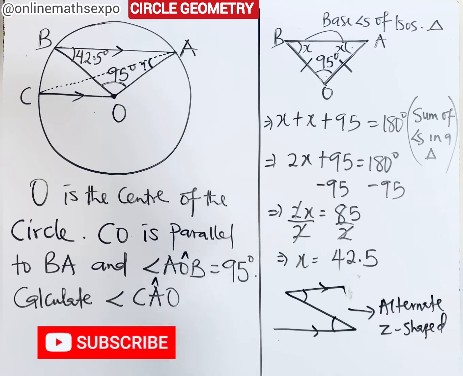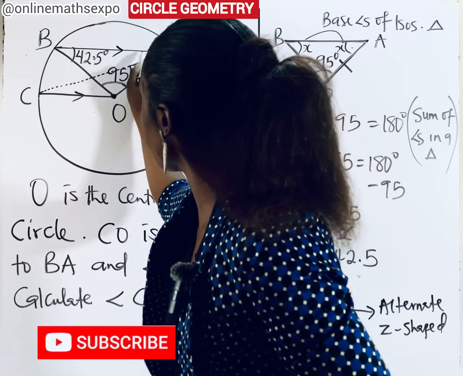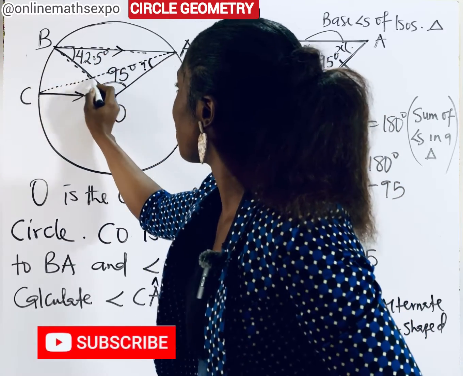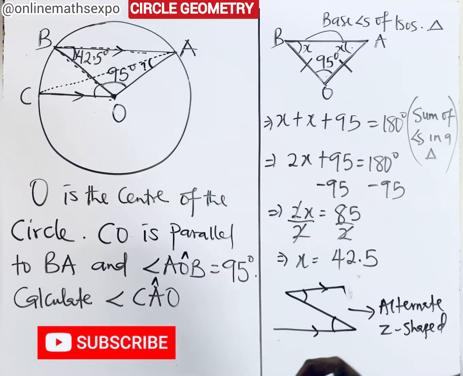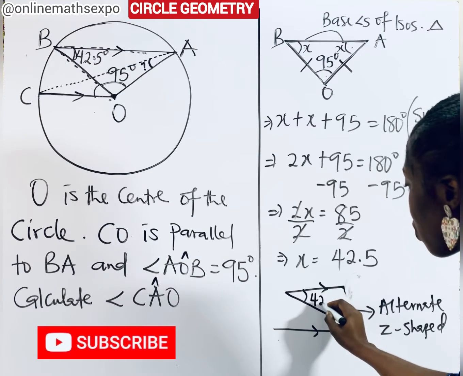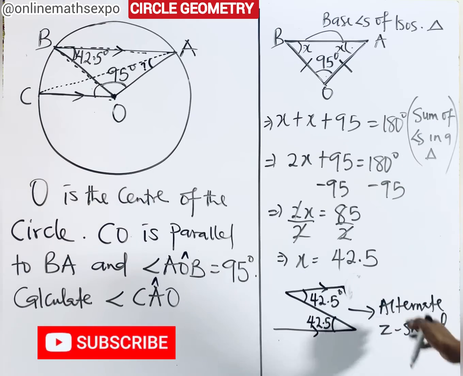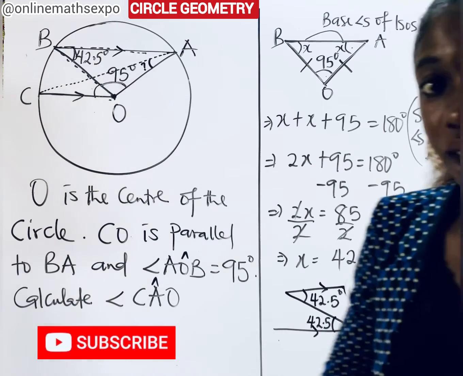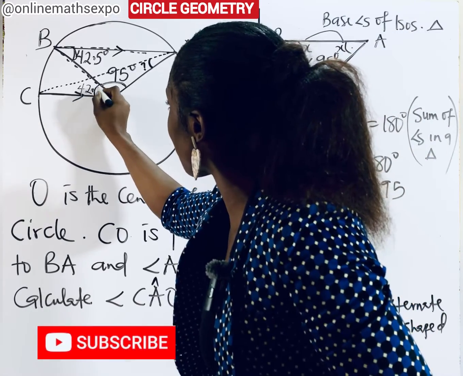Look for it whenever you hear that two lines are parallel. Now, this angle here is in Z shape with this, so here should be equal to this angle. It means that this place that is 42.5, here will also be 42.5, because alternate angles are always equal.